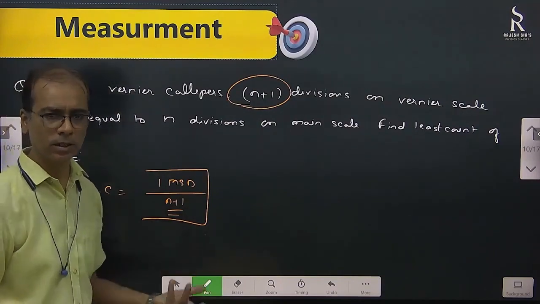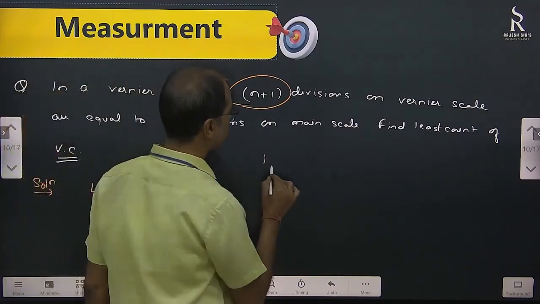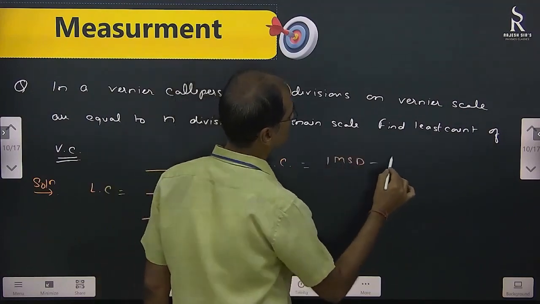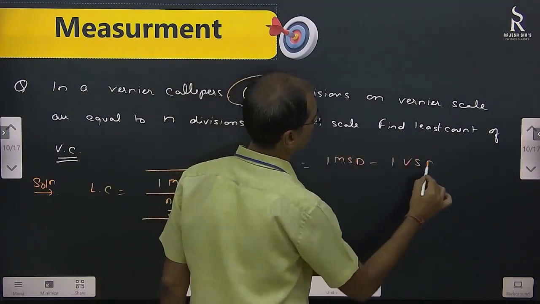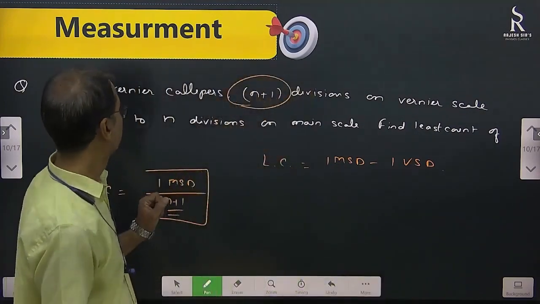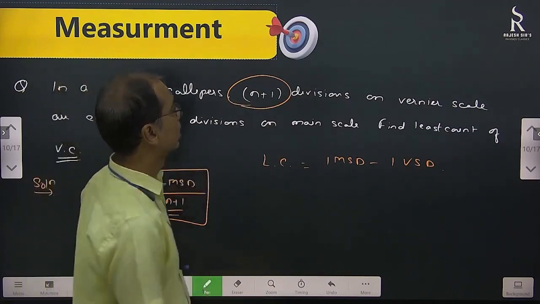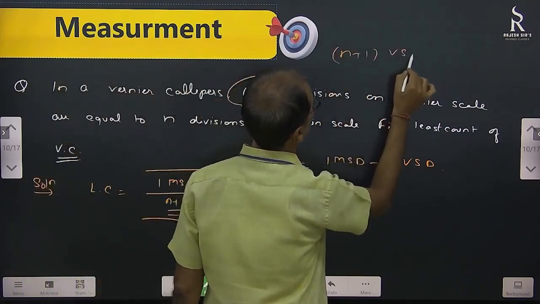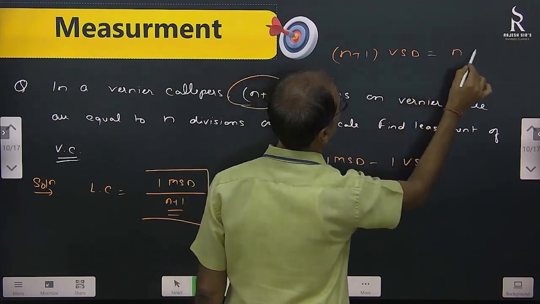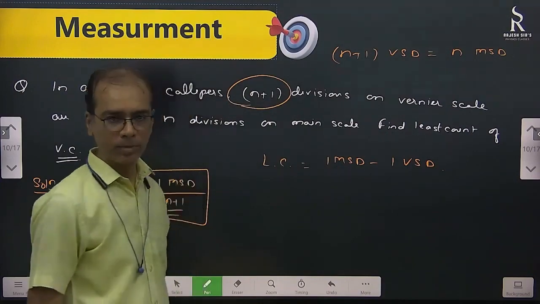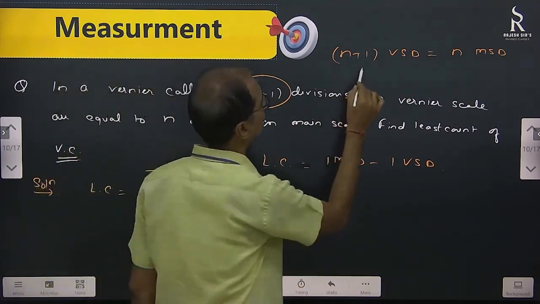But still let's find it. What we learned is least count is actually 1 main scale division minus 1 vernier scale division. And what is the question saying? N plus 1 vernier scale divisions are equal to n main scale divisions. Right? So 1 vernier scale division equals what?